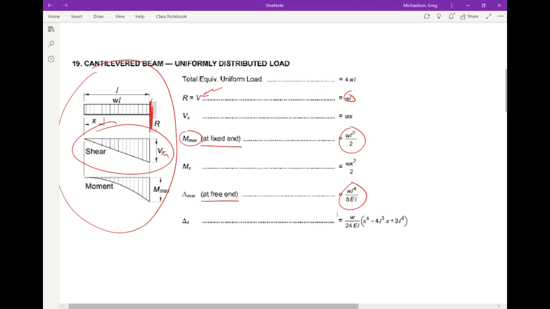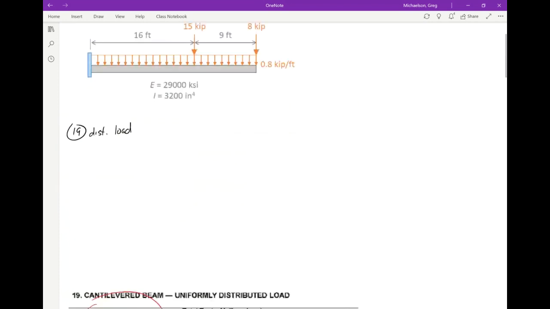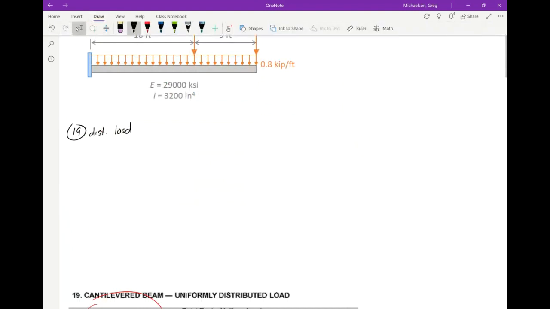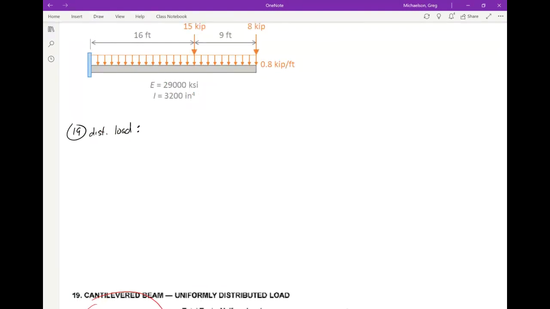So what do we do? We go to our distributed load. We recognize that W is 0.8 kips per foot. We recognize that L, in this case the length of the beam, is 16 feet plus 9 feet, which is 25 feet. We recognize that E is 29,000 and I is 3,200.